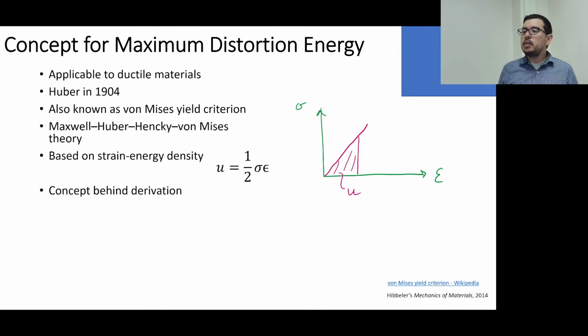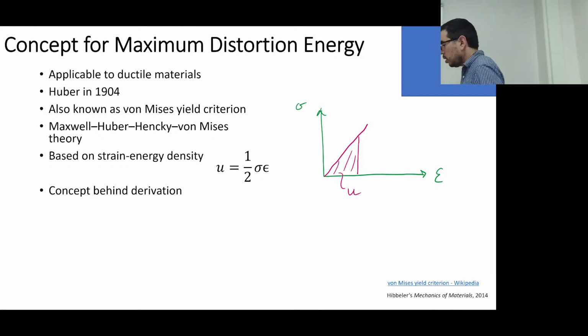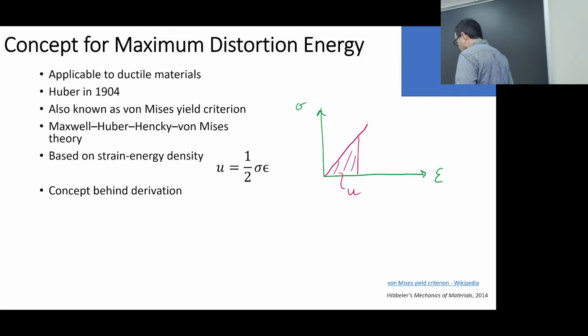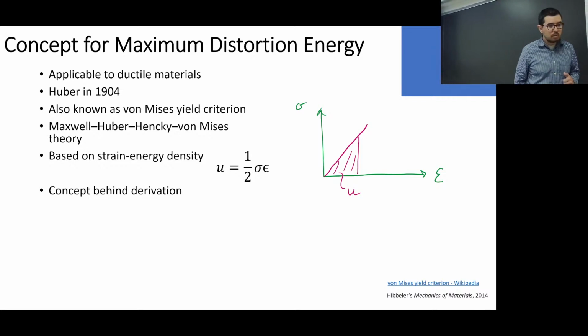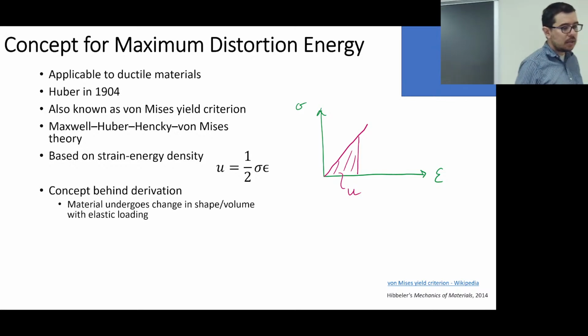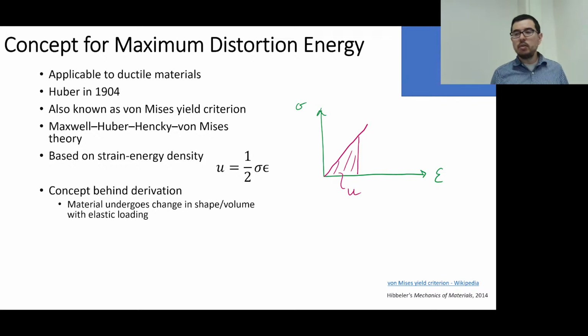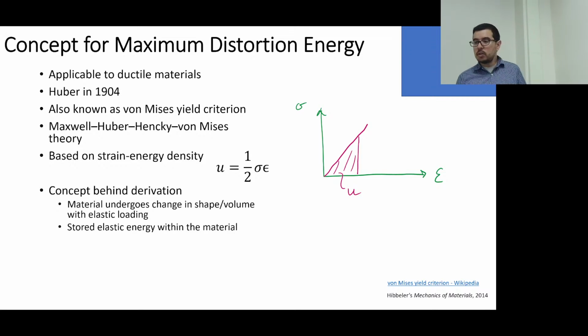In this case, what we're thinking about is that a ductile material, when it fails, fails because it undergoes some type of change in shape or volume. We can calculate how much energy is stored in the material.